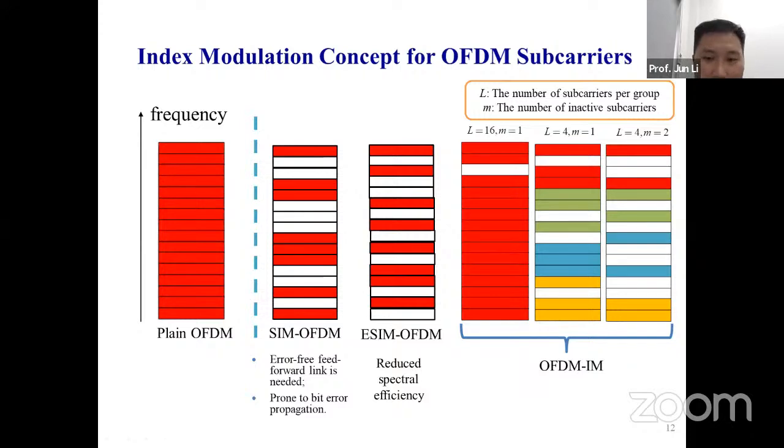So the energy efficiency is higher than conventional OFDM. The other one is the BER performance. In the high SNR region, the detection error only comes from the modulated symbols, and the BER is very low. So the BER is lower and the energy efficiency is higher compared to conventional OFDM.